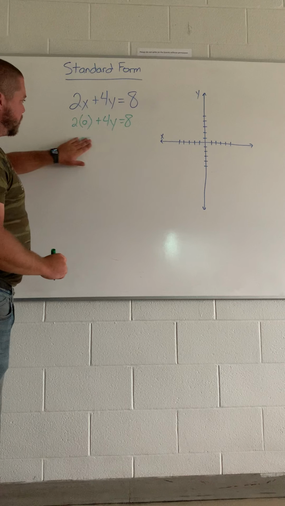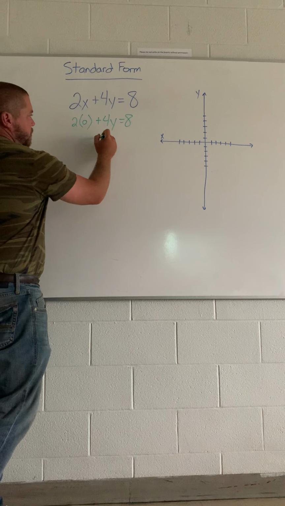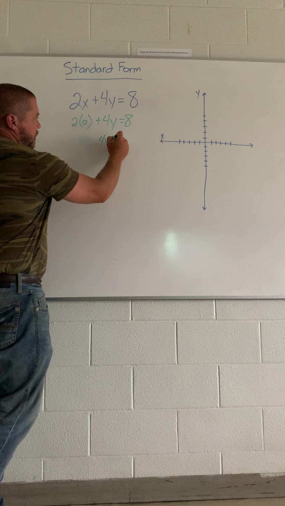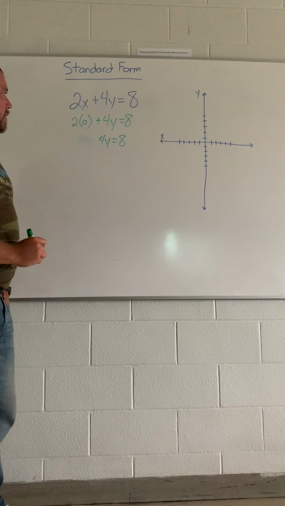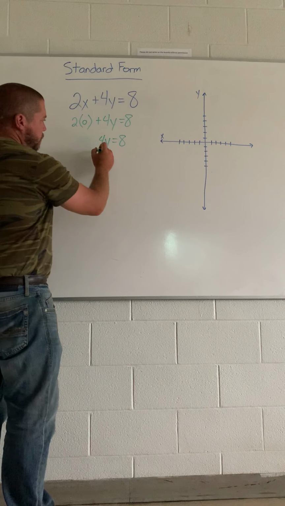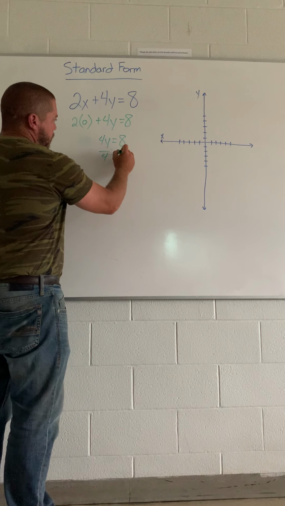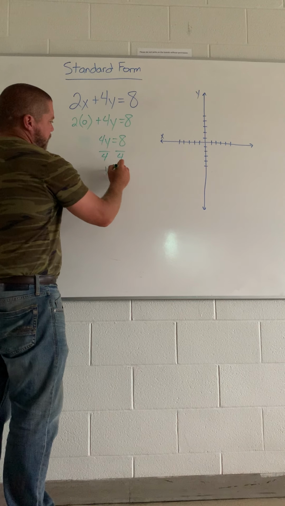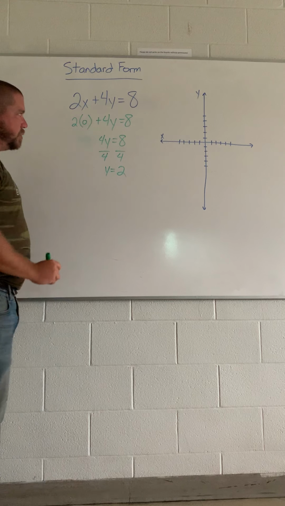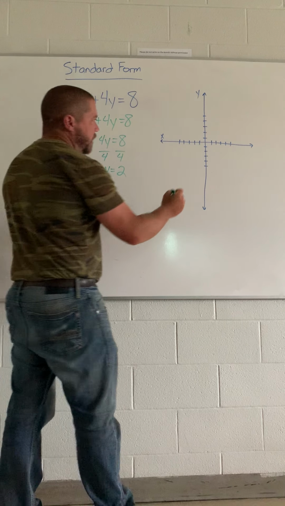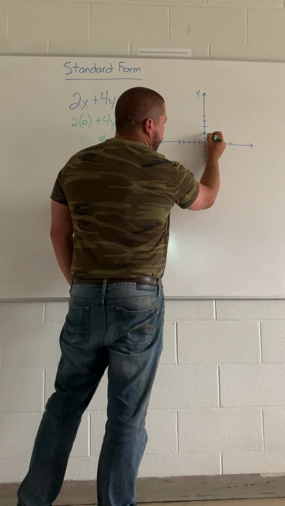So it's gone. I'm just going to leave it off. So we get 4y equals 8. Divide both sides by 4, and you've probably already determined y equals 2. So I can go ahead and plot my y-intercept of 2.